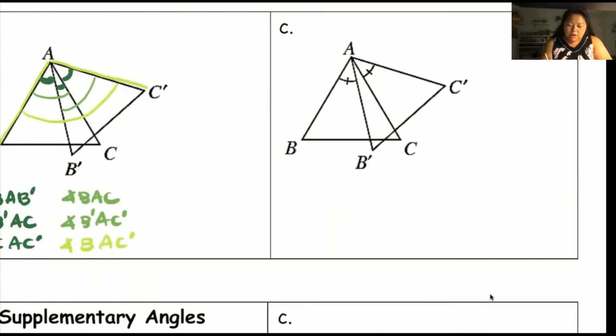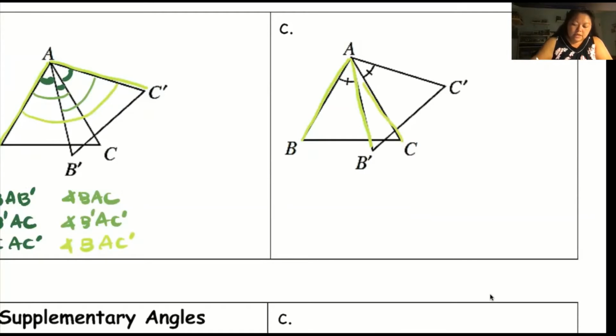So over here, she marked 2 angles that are exactly the same. She said, I'm talking about BAB prime, right? Which other angle has the same exact marking? So follow your letters, C A to C prime. So they have the same marking, so I can say angle BAB prime is congruent, meaning they're the same as angle CAC prime. That was her second angle there.